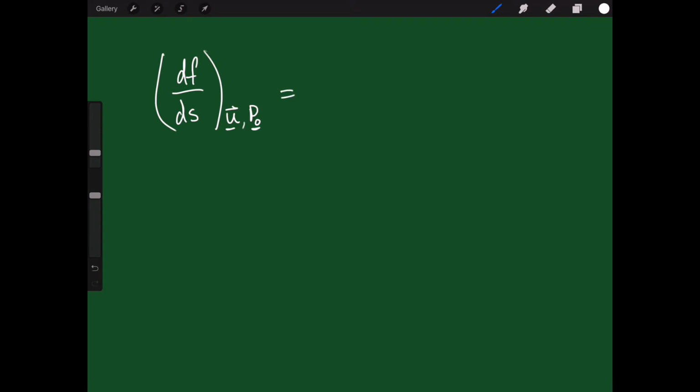There's another way that I might write this, and that is D sub u of f evaluated at a point p0. So these are just the same thing. It's just two different ways to write what's the directional derivative in the direction u at a point p0. So both of these notations mean the same thing.